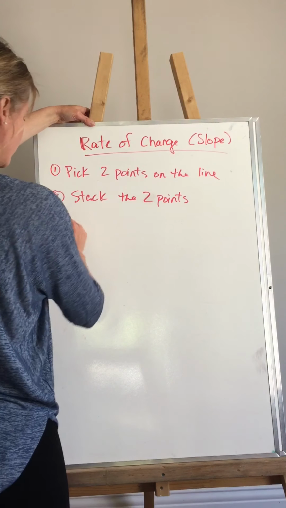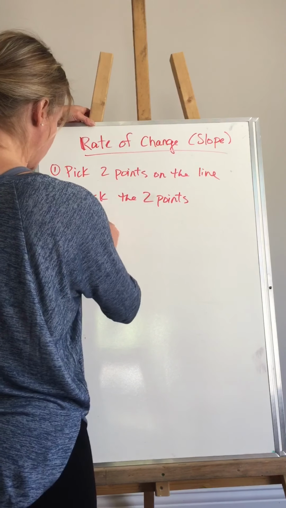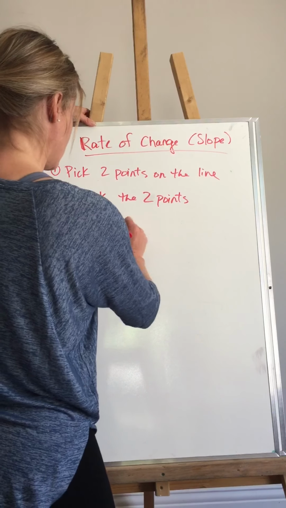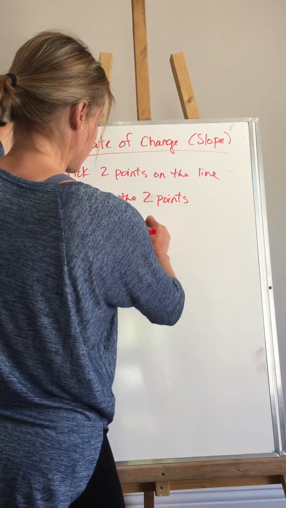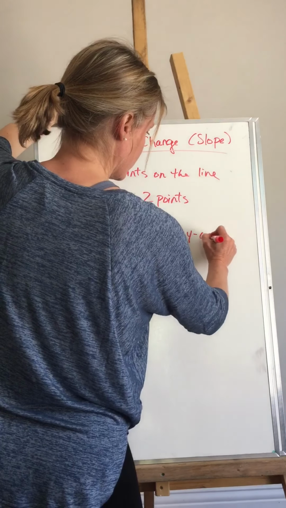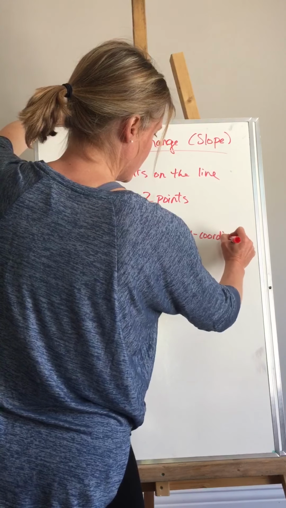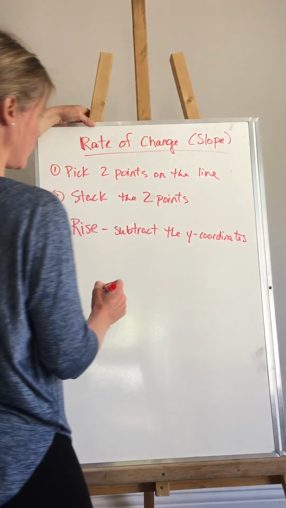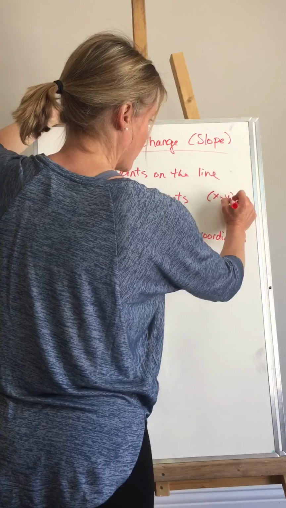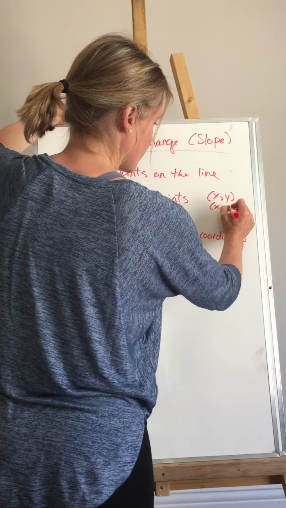Okay, your third step is to calculate your rise. Okay, that's to subtract the y coordinates of those 2 points. Remember, each point is going to be x, y, okay, so they're stacked like this.